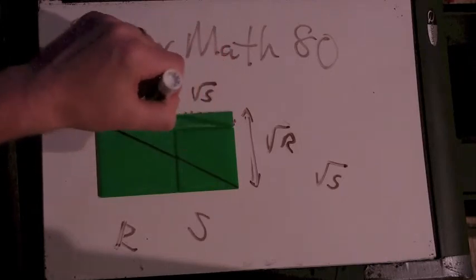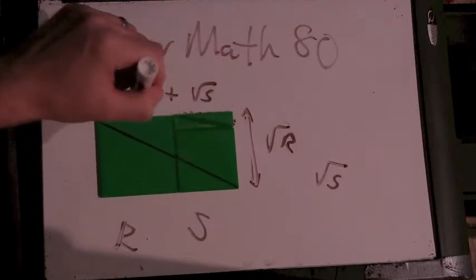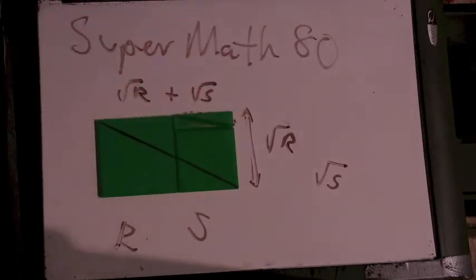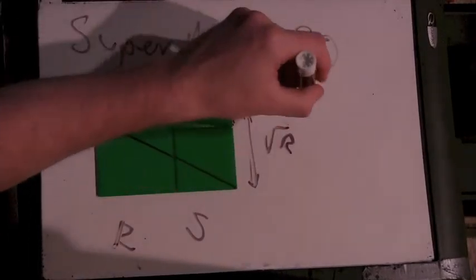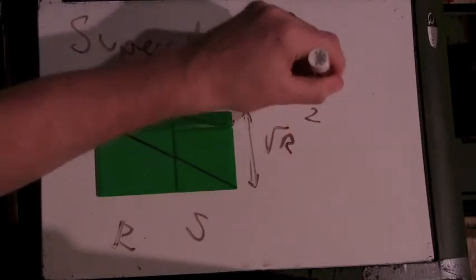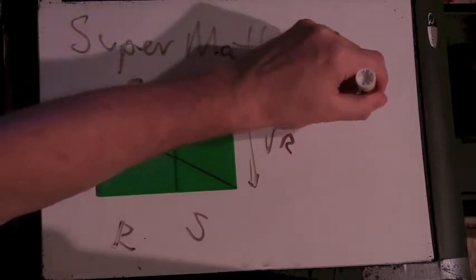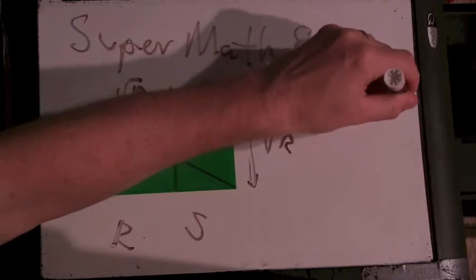Okay, so the area of this triangle is what? It's the big triangle. So it's the square root of r plus the square root of s times the square root of r, the whole thing over 2. Okay. So for my big triangle on top, I get 1/2 base, square root of r plus the square root of s, and square root of r.